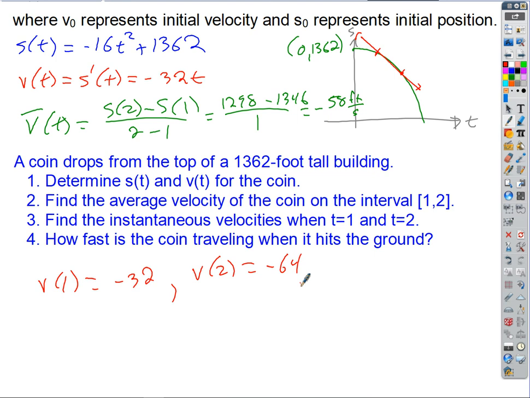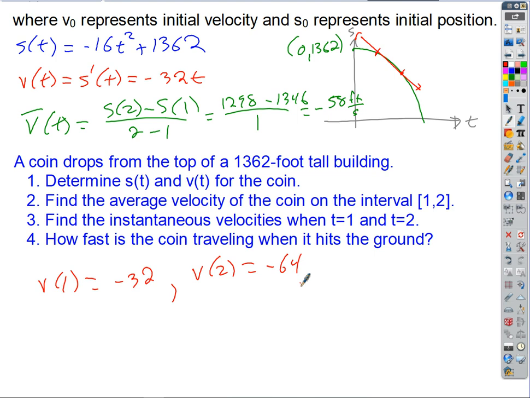So after 1 second, it's got a velocity of negative 32, so the speed is 32 feet per second downward. That's the negative sign. After 2 seconds, it's picked up to 64 downward. So doesn't it make sense that the average is somewhere in between? Part of the time it's going slow and part of the time it's going real fast, so on average it's going to be in between. Make sense? Kind of, sort of, maybe?